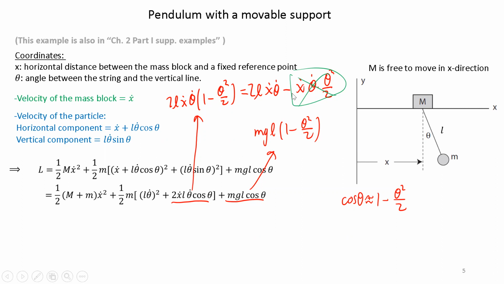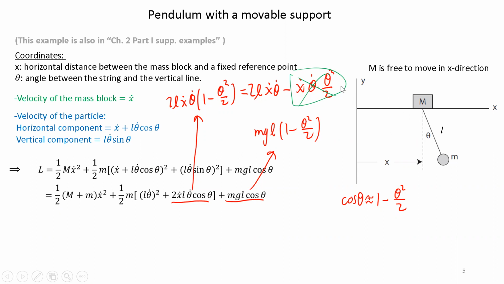I should put it this way: it is a 4th order term. And because I'm going to consider an approximation that the oscillation is small, that means theta is small, x is small, x dot is small, theta dot is small, and all that.